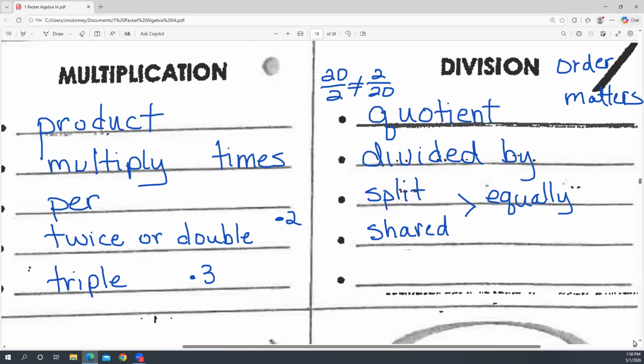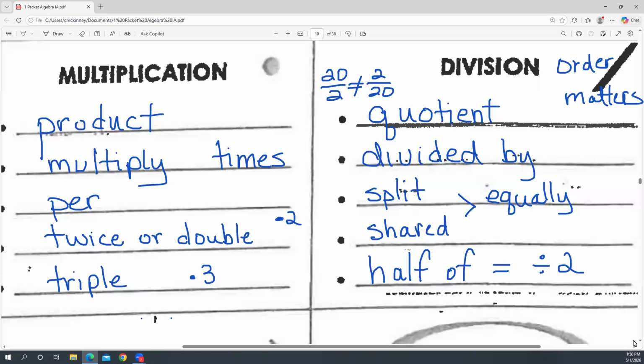For instance, if we go out to lunch together and we split the bill, that typically means we're just going to share it equally no matter what we each had. And then we also might see half or half of, which can mean multiply by the fraction, but it also is the same as dividing by 2, which is oftentimes an easier way to handle that.